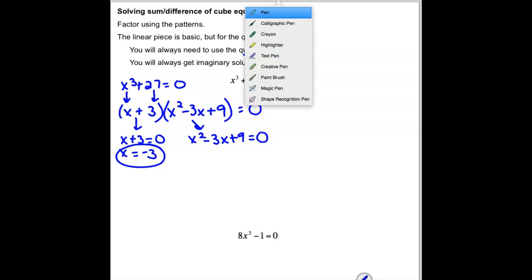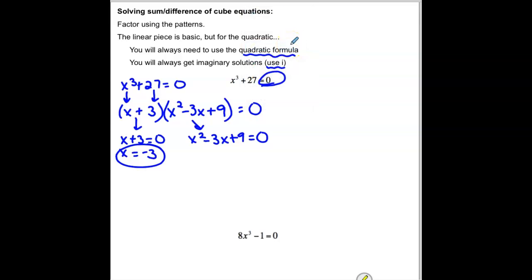The other part is a quadratic. It's an x squared trinomial. So we're going to use that quadratic formula to solve this. So remember our quadratic formula. x equals the opposite of b plus minus the square root, b squared minus 4ac, all of it divided by 2a. All right, so plugging those in.